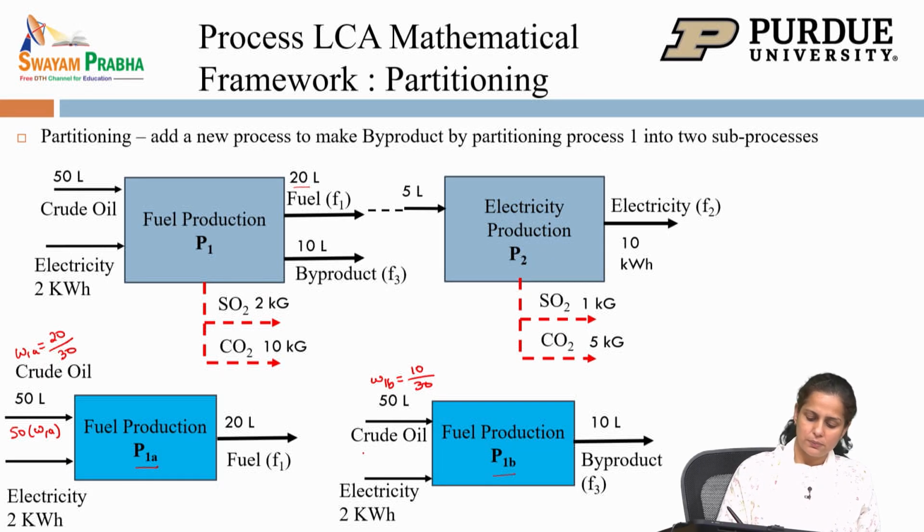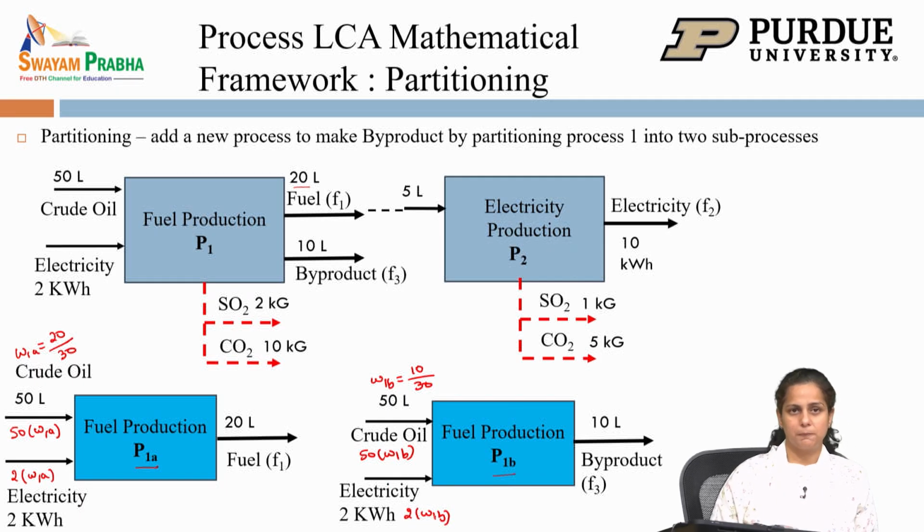So, 50 times W1B is the amount of crude oil that we are assigning to the fuel production process that is making byproduct. Similarly, electricity is 2 times W1A as the input to the fuel production A, which is P1A, and electricity is 2 times W1B for the fuel production process B.